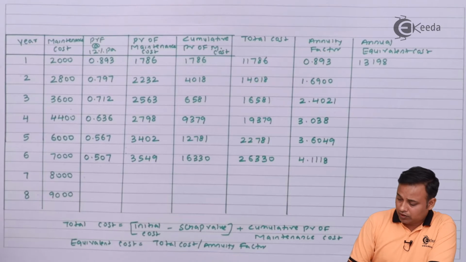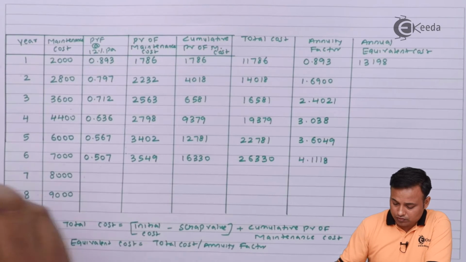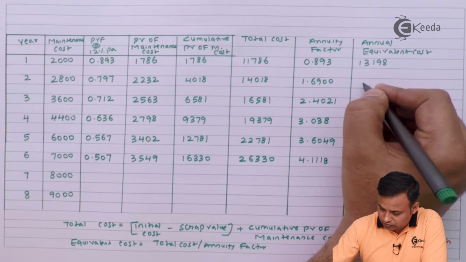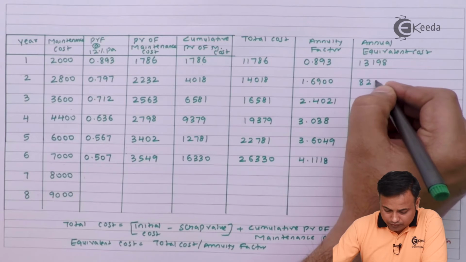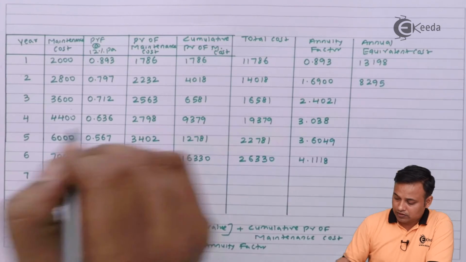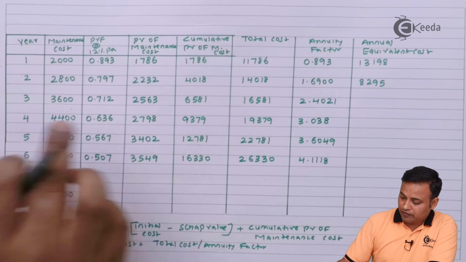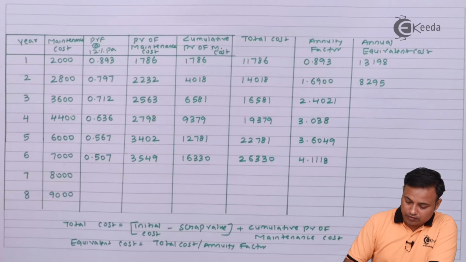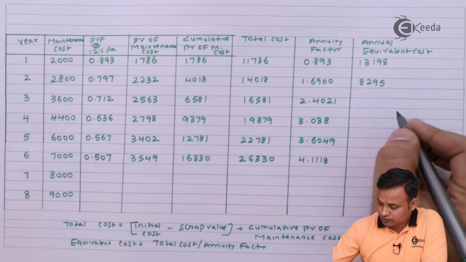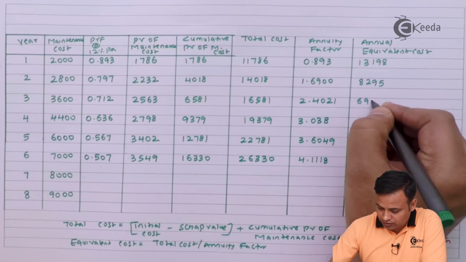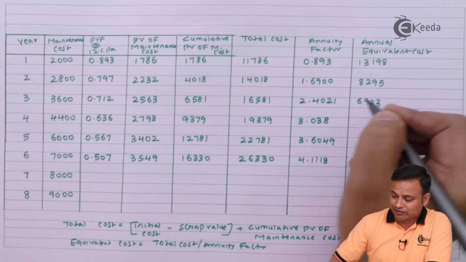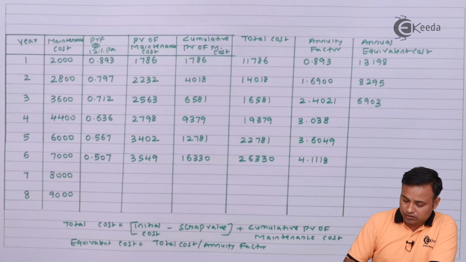Second, it will be 14,018 divided by 1.6900, that is 8,294.67, that is 8295. Then it will be 16,581 divided by 2.4021, which is 6902.71, that is 6903.